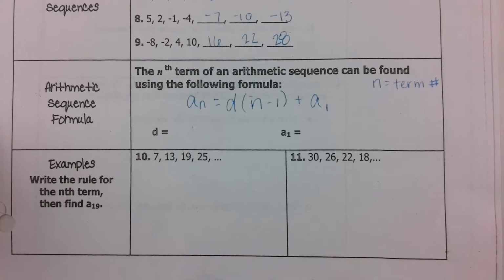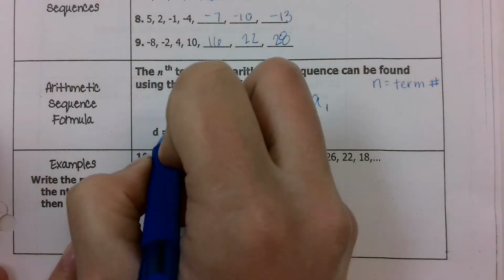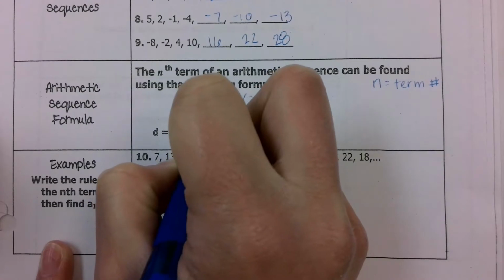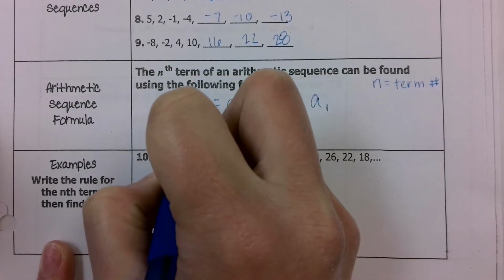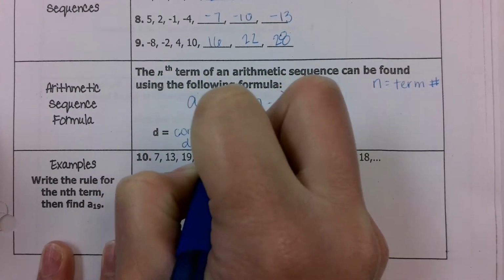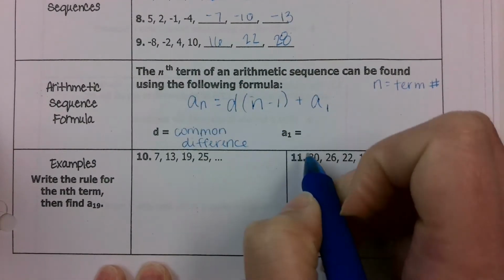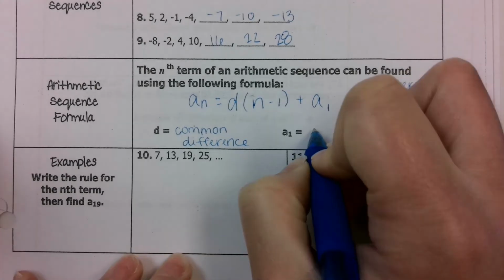The d is that common difference, like what we were finding before, what they add or subtract each time. And then the a sub 1 is the first term of your sequence.